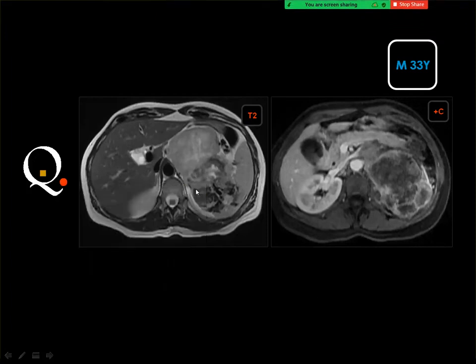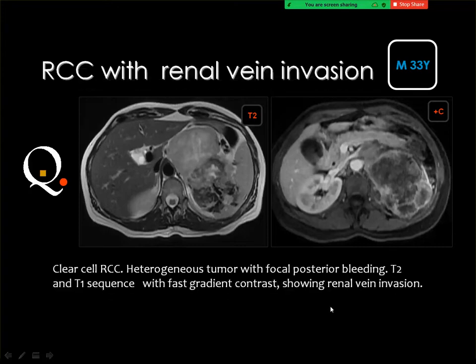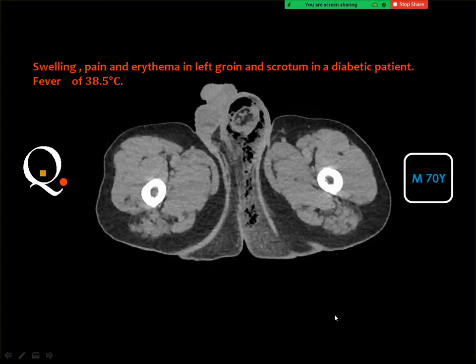This is renal cell carcinoma, and one of the essential findings for the diagnosis of renal cell carcinoma is to assess the extension of the tumor into the renal vein, and also whether it reaches the inferior vena cava or not. In this case, you can see that the tumor has invaded the left renal vein but has not yet reached the IVC. This is renal cell carcinoma with renal vein invasion.